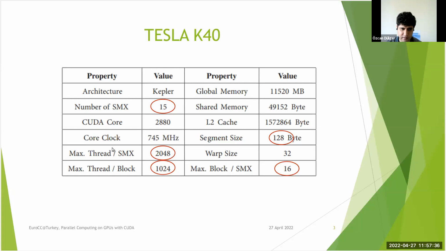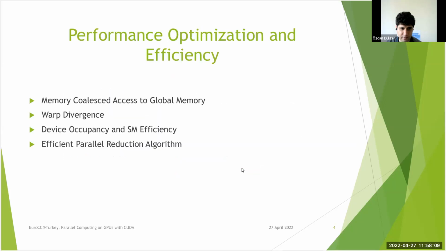And the limitations: a maximum of 2048 threads can be active in an SMX, and warp size is 32, which is also important. We can create 1024 threads in a block, and in an SMX, a maximum of 16 blocks can be active. So we will need all of this information in our experiments.